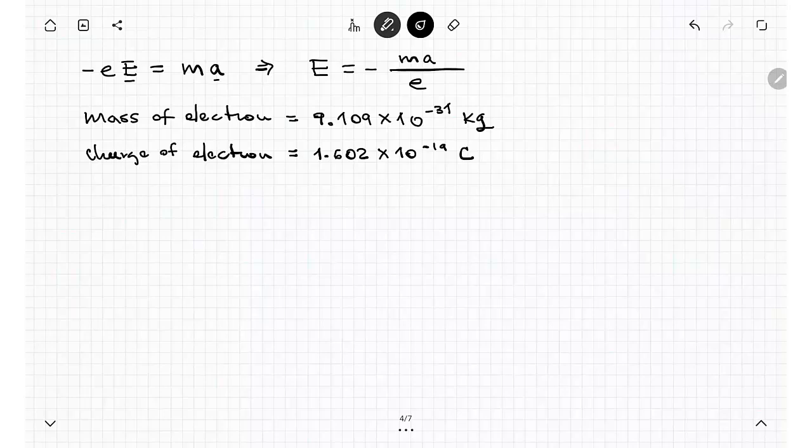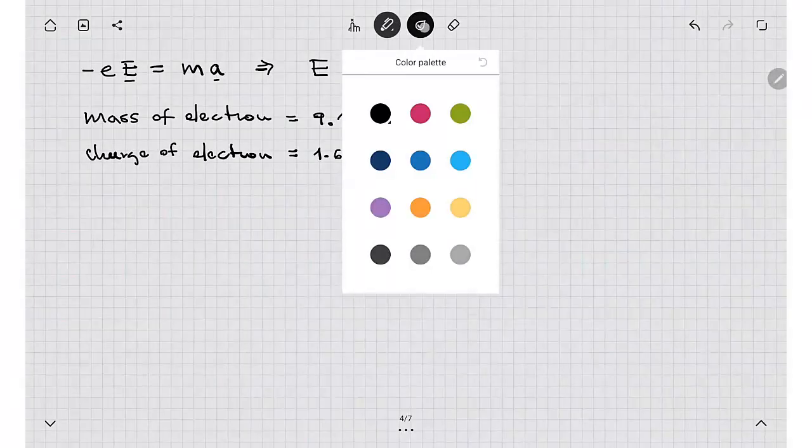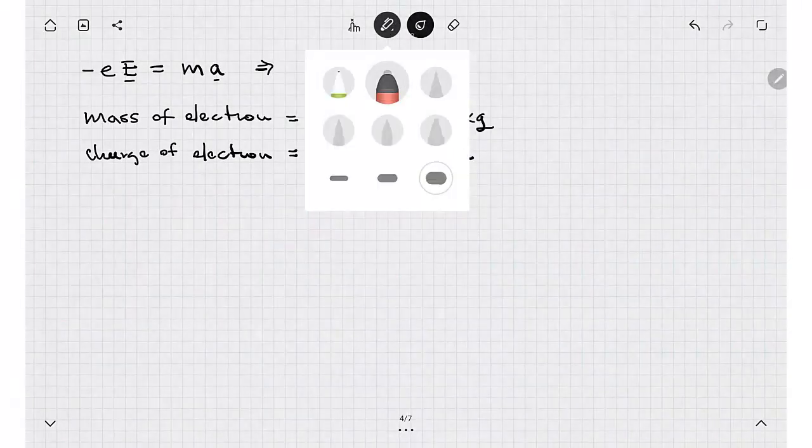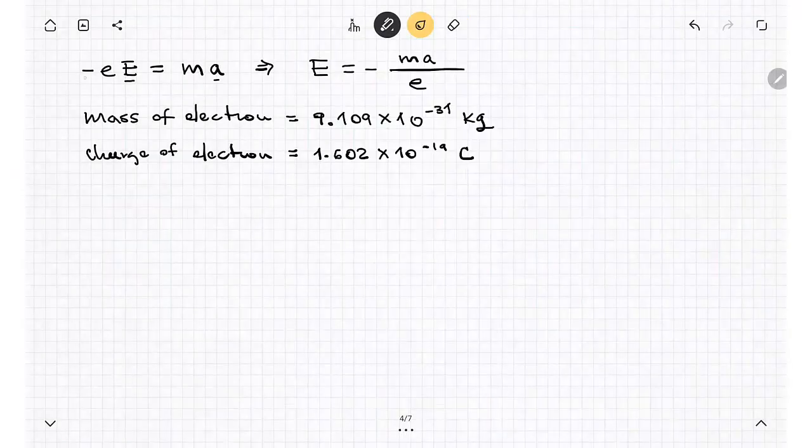Let's take something into consideration. The charge is negative, and I have the negative sign already right here. If you don't want to write the sign, you need to take into consideration the sign right here.